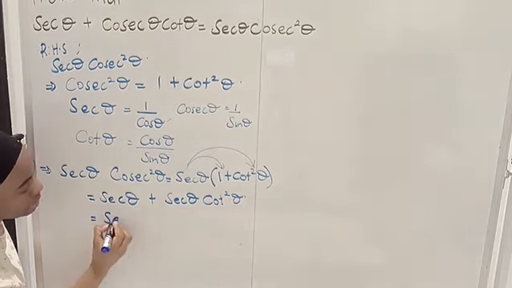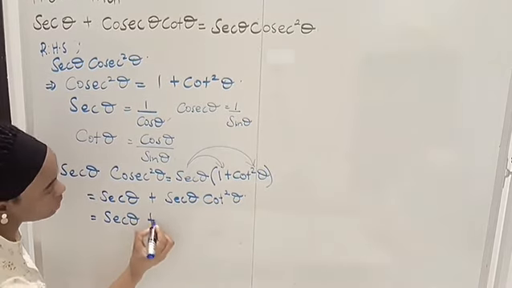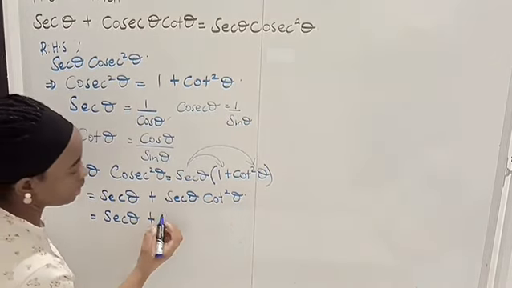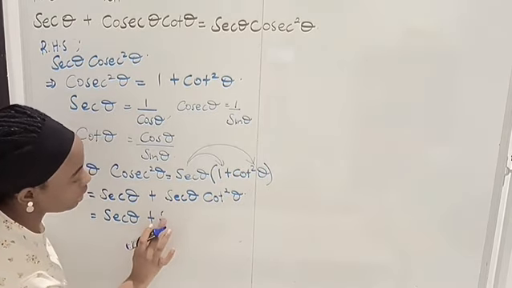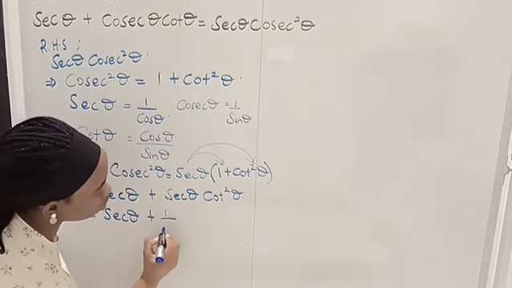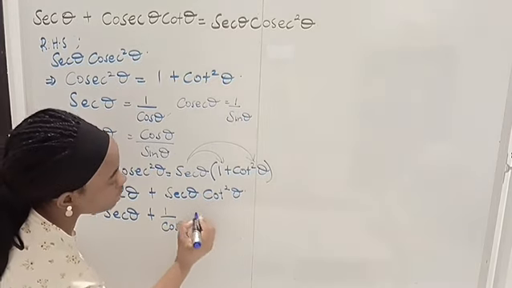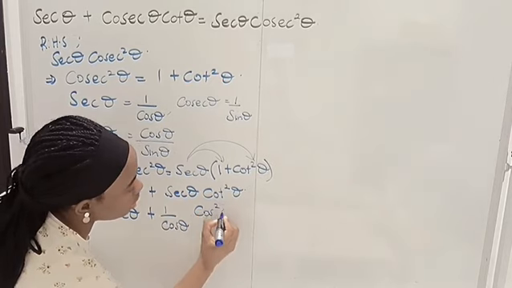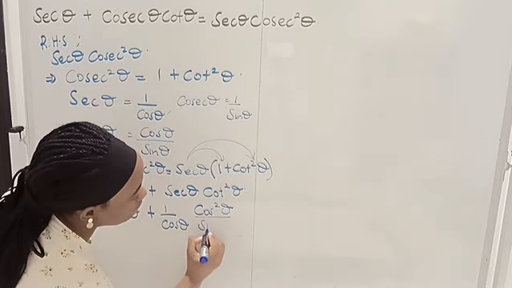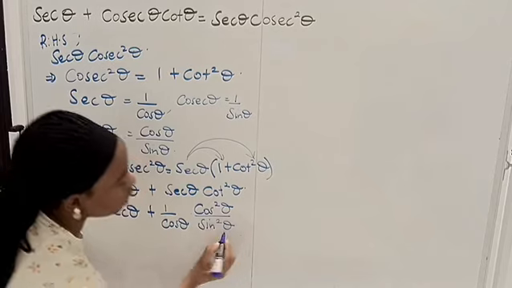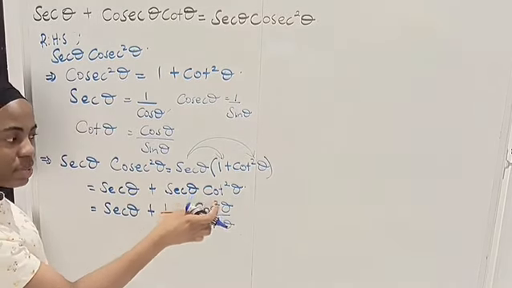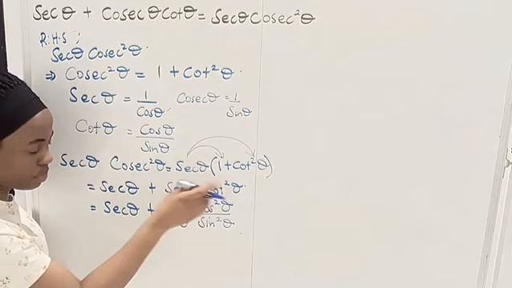So I will have sec theta here plus, let us deal with this. We have sec here is the same as 1 out of cos theta multiplied by your cot squared, which is cos squared theta out of sine squared theta. The reason why I put a square is because cot is squared.